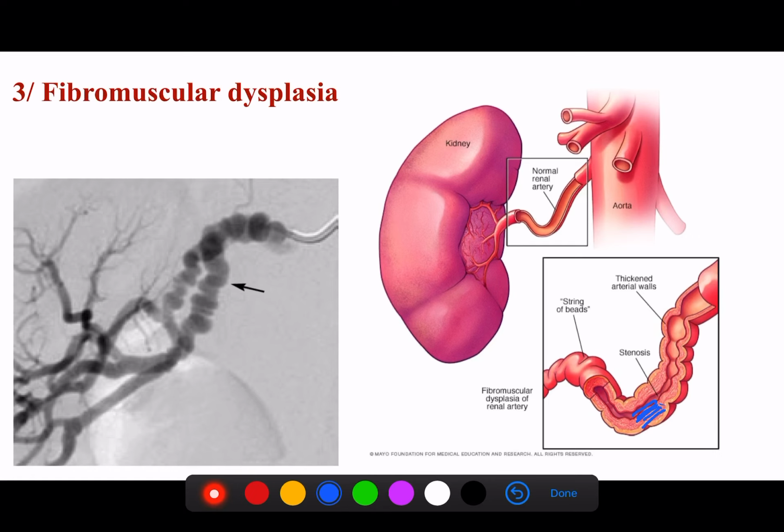It has a serious complication, which is stenosis of the vessel. It commonly occurs within the renal artery and causes renal infarction. When there is renal stenosis, the kidney is infarcted, as we described infarction in general pathology.